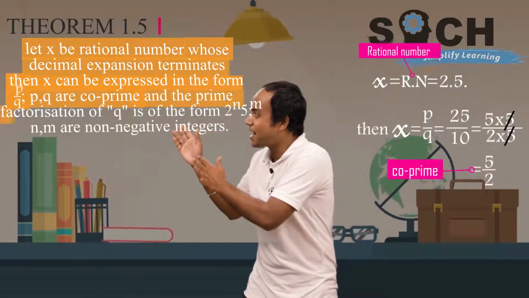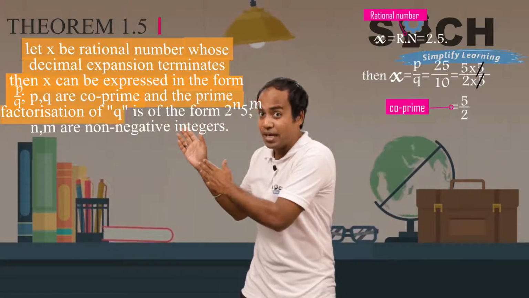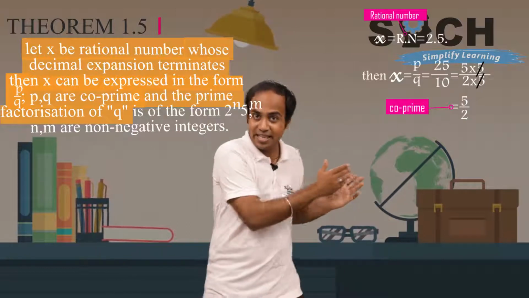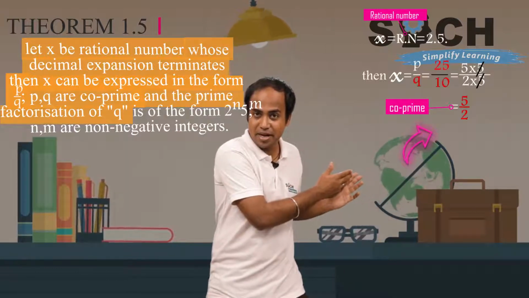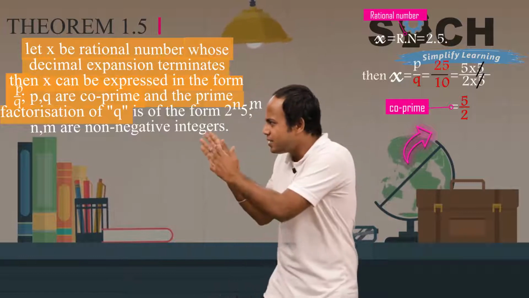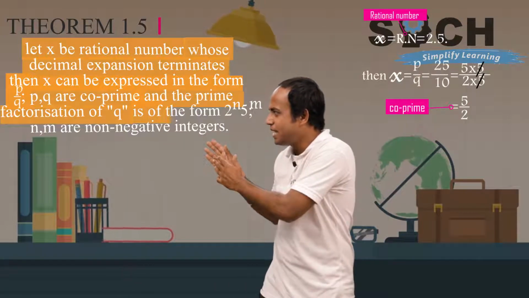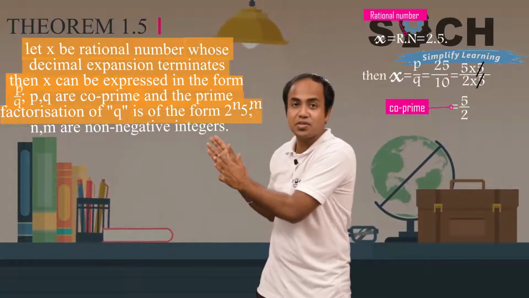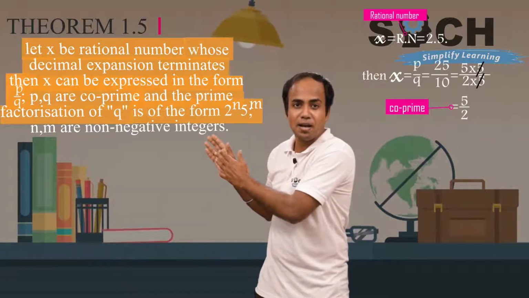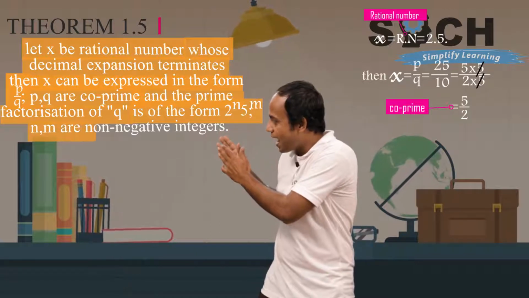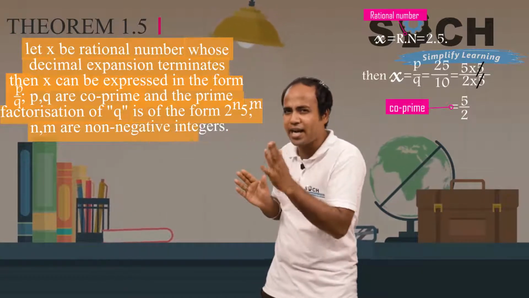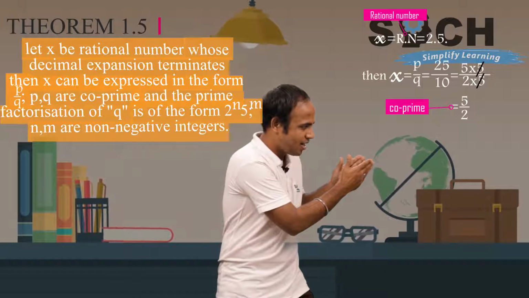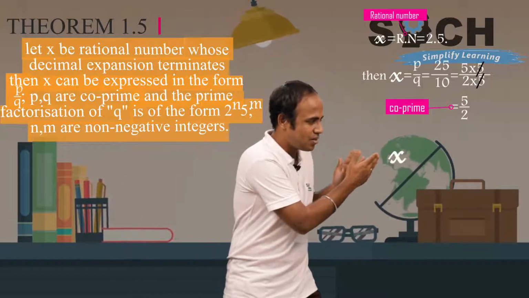And the prime factorization of q, that is the denominator, here 5 by 2, is of the form 2 raised to n and 5 raised to m, where n, m are non-negative integers.